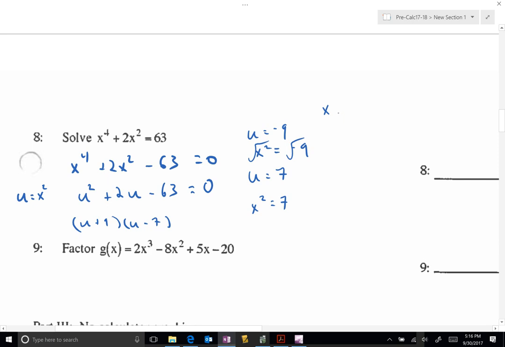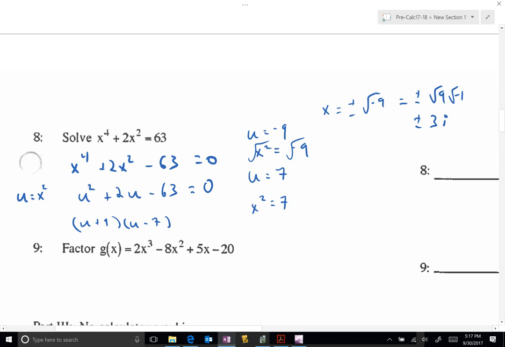And so we would end up with x equal to plus or minus square root of negative 9, which is a complex number. So I'm going to break this into plus or minus square root of 9 and square root of negative 1, which is going to give us plus or minus 3i. So there's our two complex roots.